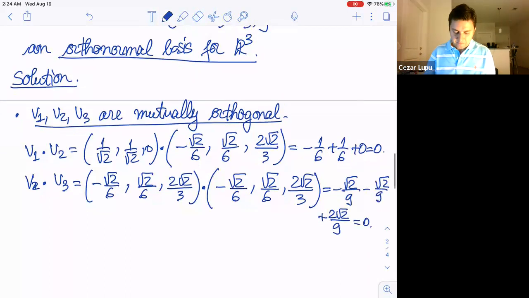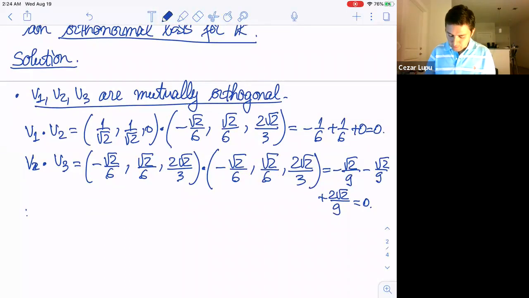This will give us 0. And now the last one will be V3 dot V1.